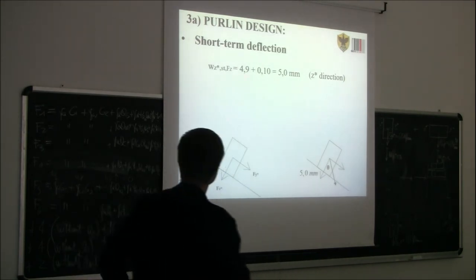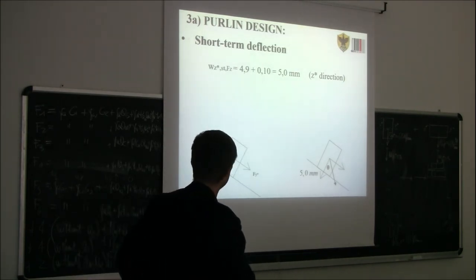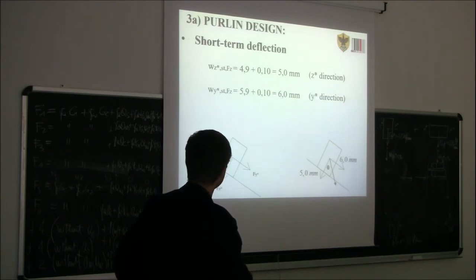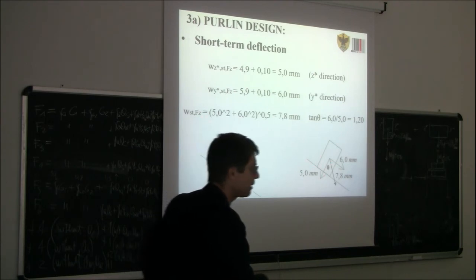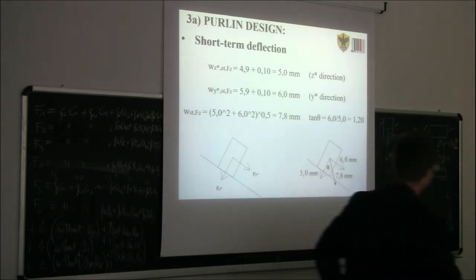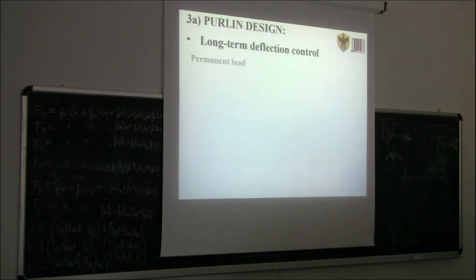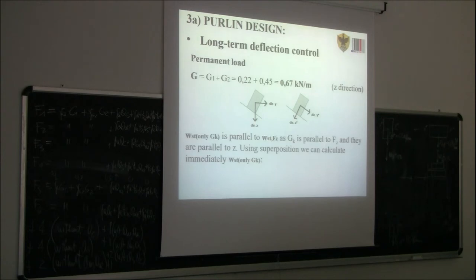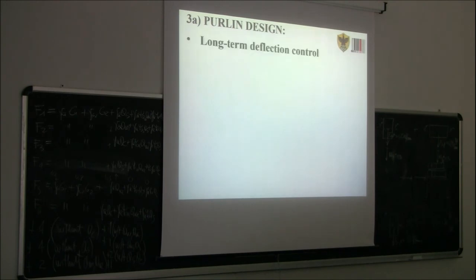The short-term deflection this time becomes 5 mm in the z direction, 6 mm in the y direction. Using Pythagoras we get 7.8 of total deflection. This is instantaneous deflection. And again for the permanent load, like before, we can calculate the short-term deflection due to only permanent load, which is 8.8 mm, smaller.